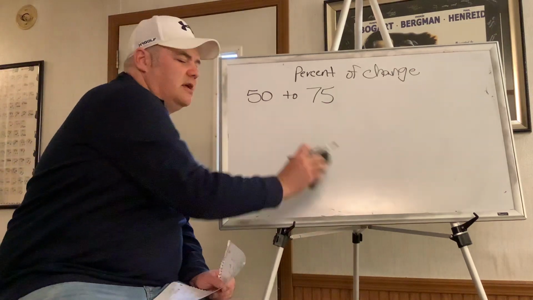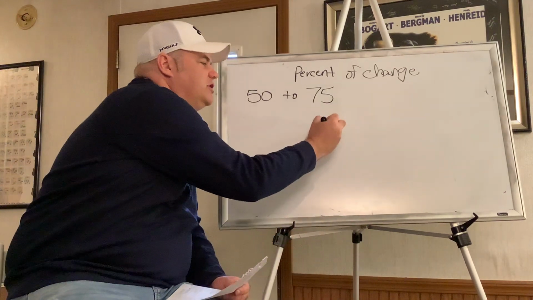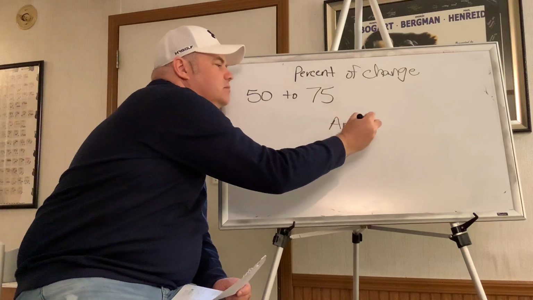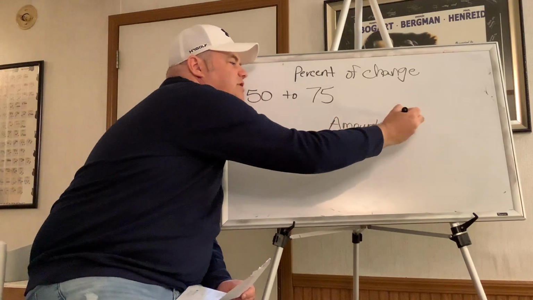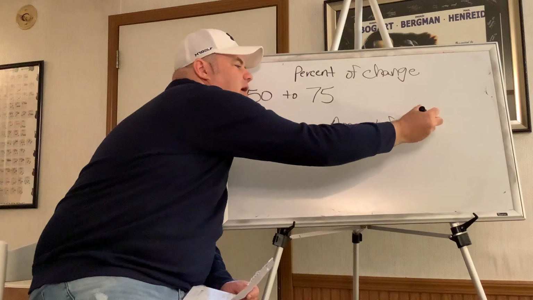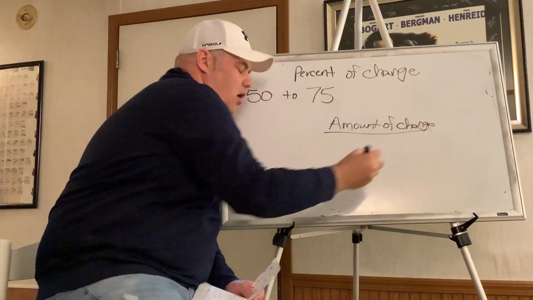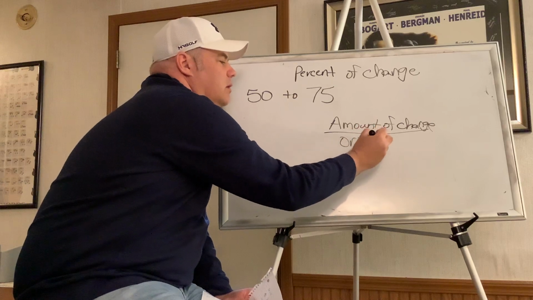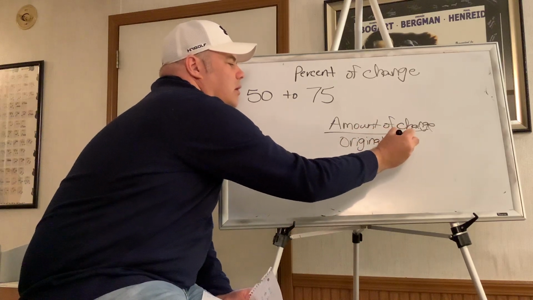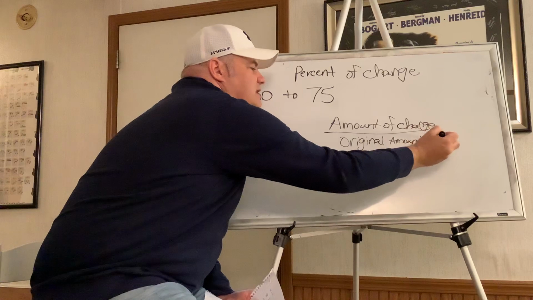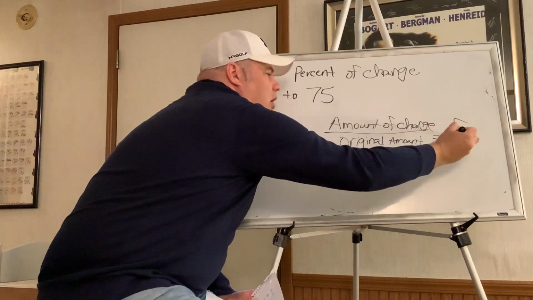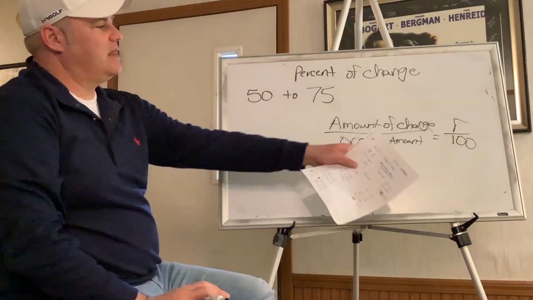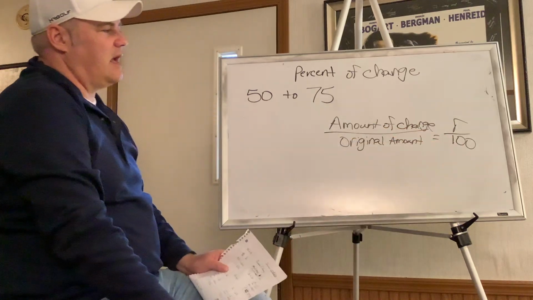So the formula for this is the amount of change. And that's not talking about change like coins. It's talking about how much did you change by over the original amount, and you're going to set that equal to R over 100. I'll explain that in a second, but that's the formula.